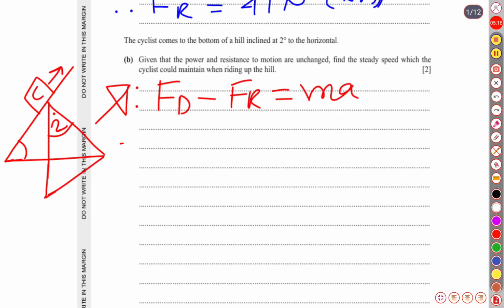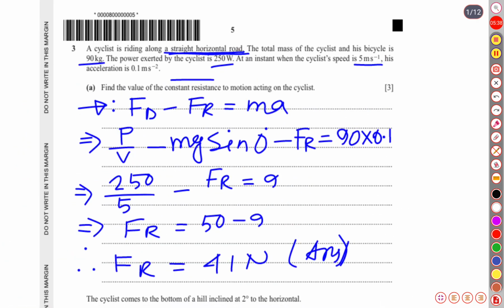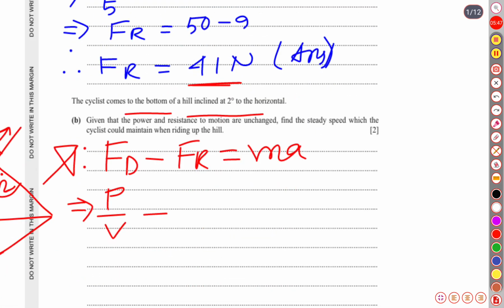Let's see how much the driving force is. It is P over V minus the resistance force, which should remain unchanged. They have written here that power and resistance to motion are unchanged. How much was the power? Power was 250 watts and resistance to motion is 41 Newtons. So we can substitute the same values.